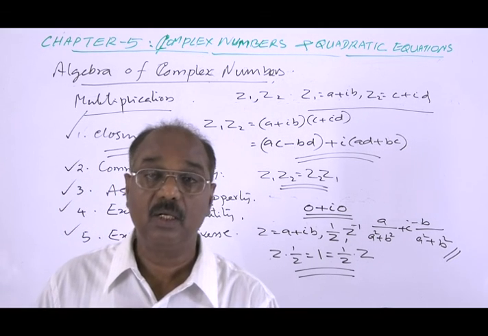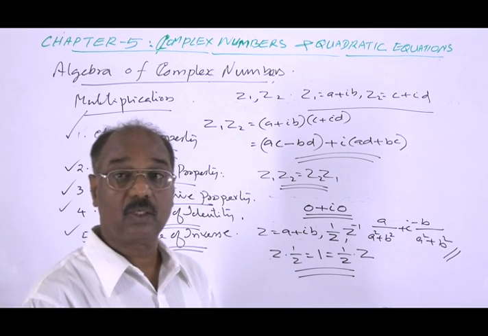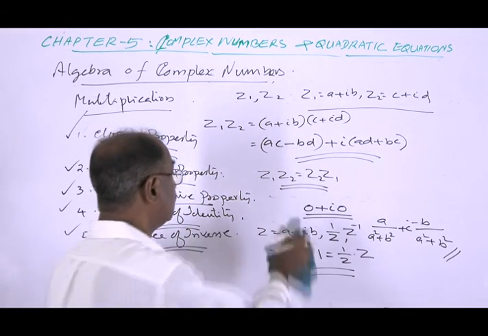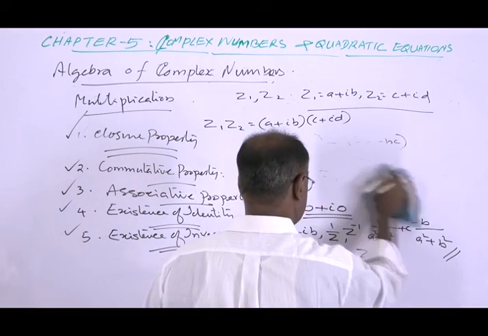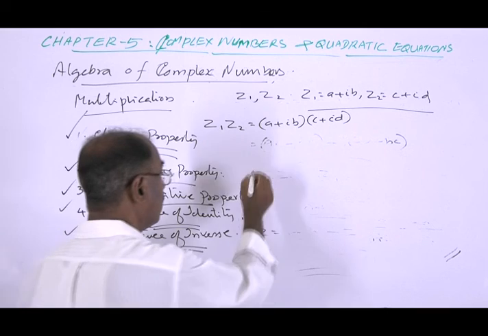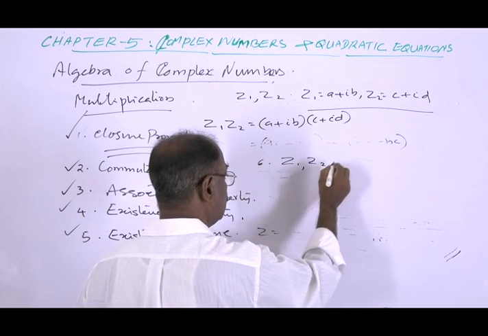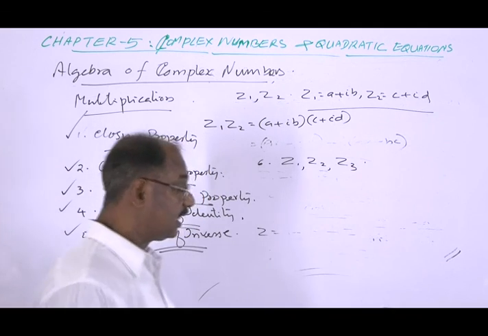And now again, one more property, which is distribution of multiplication over addition. So the next is the sixth property. Consider Z1, Z2 and Z3, any three complex numbers.